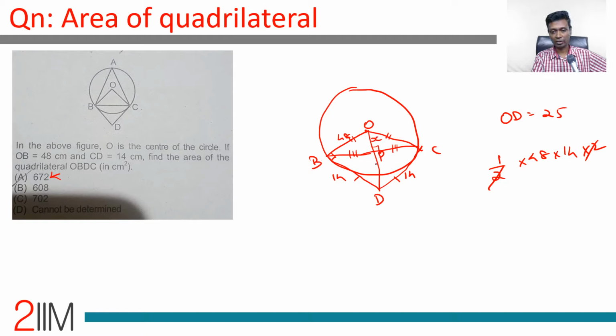Call this as X. Call this as 50 minus X. Why 50 minus X? Half into Pythagoras theorem, 14, 48, 50, 7, 24, 25. So BP square, 14 square minus 50 minus X square is same as 48 square minus X square. Solve that, find X and then simplify. If you have to find BP, PC, all of that. But area, far simpler.